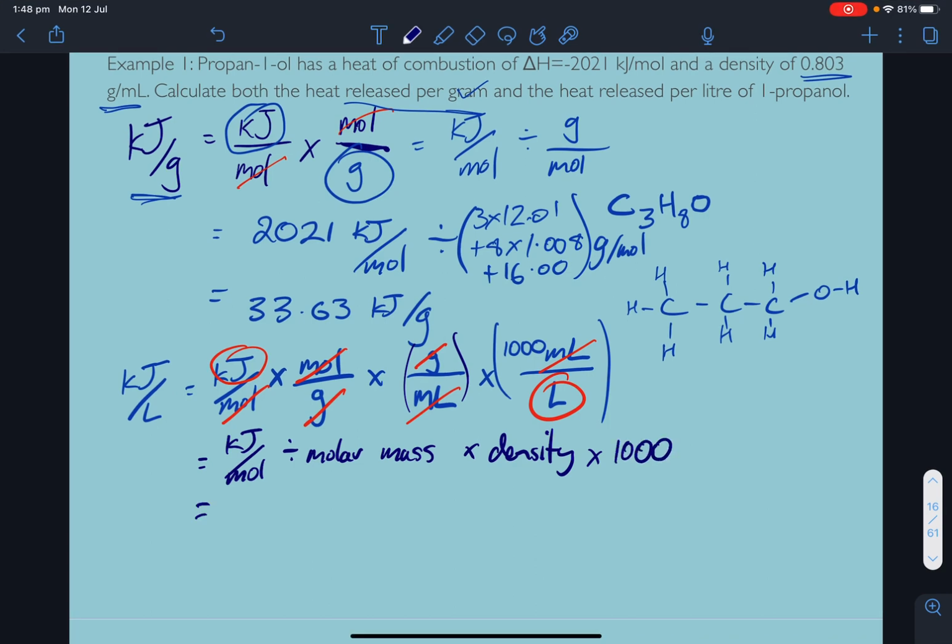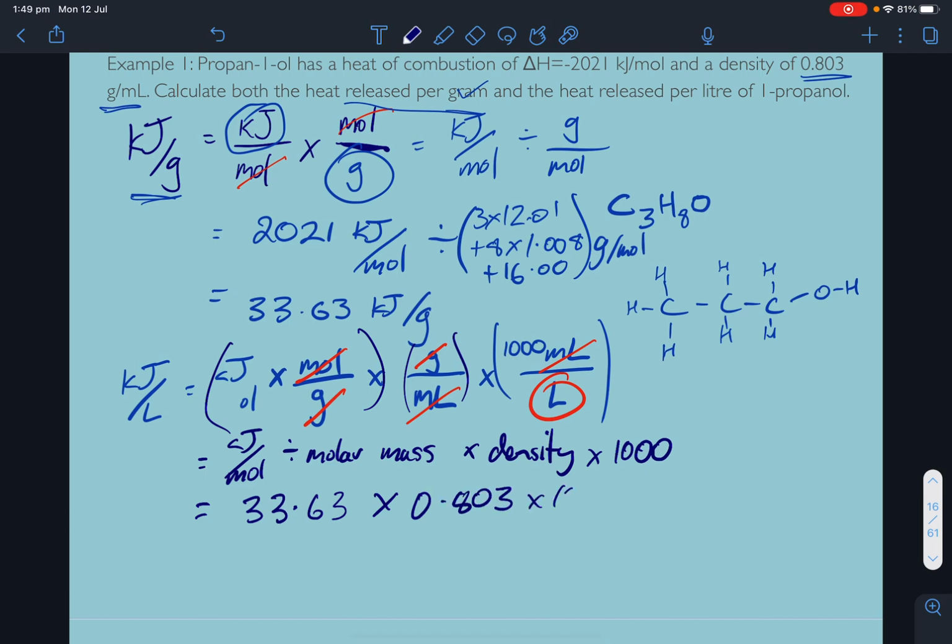Should I do it the cheaty way? Yeah, I'll do it the cheaty way. This bit there is just the 33.63. And then I'm going to multiply it by the density, which is 0.803, and multiply it by 1,000. And that's going to get me my kilojoules per litre.